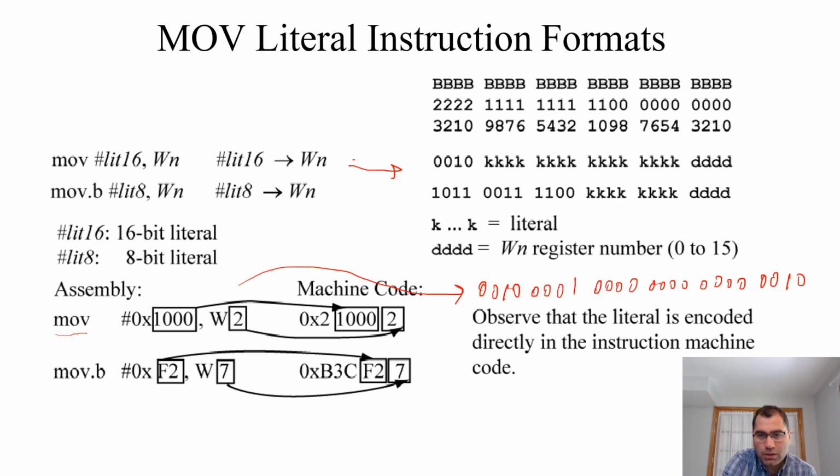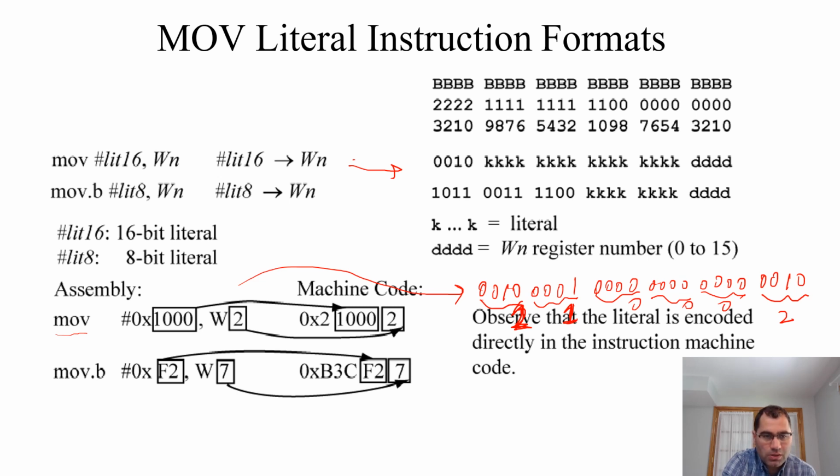Then the hexadecimal equivalent of this is 2, 0, 0, 0, 1, and 2. You see we got the same value. This is in hexadecimal format and this is in binary.